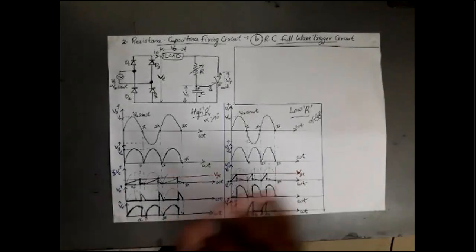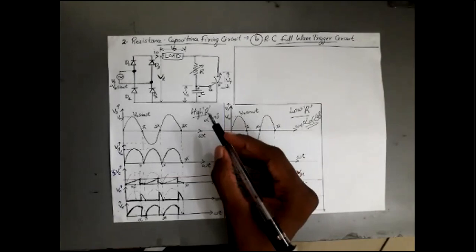Now, waveforms and all are clear. Now, what is the variation of alpha in this case? For low value resistance, alpha varies from 0 to 90 degree. And in high resistance case, alpha varies from 90 degree to 180 degree.